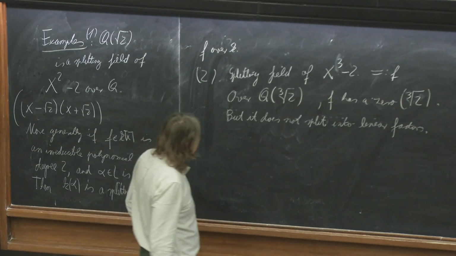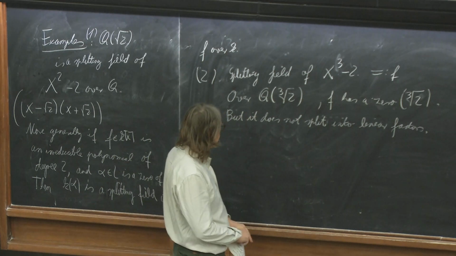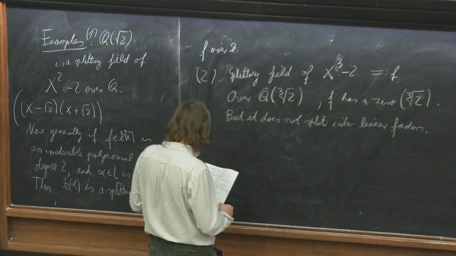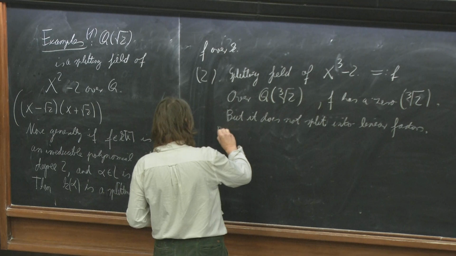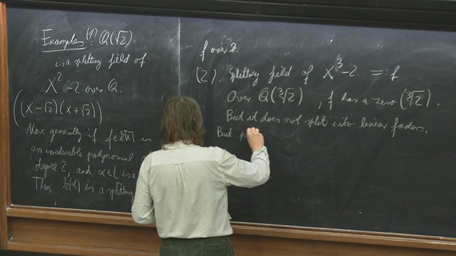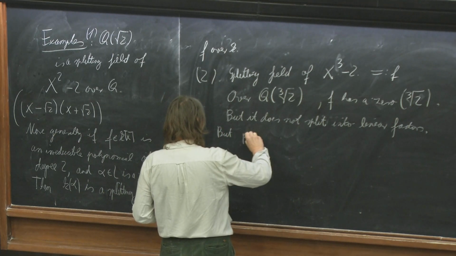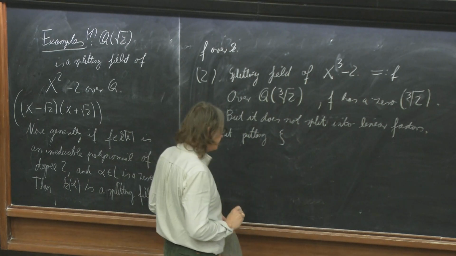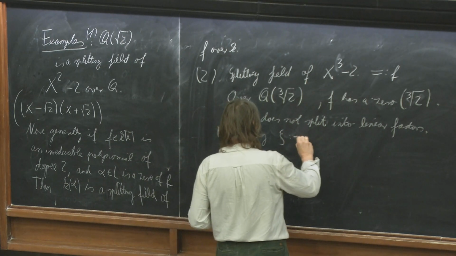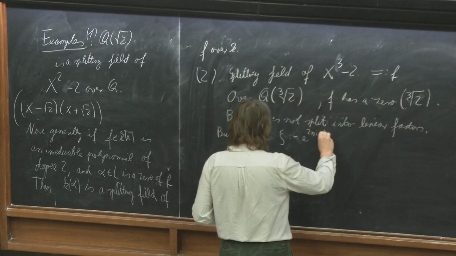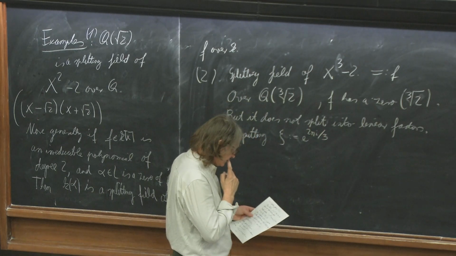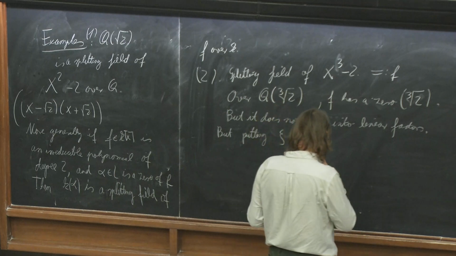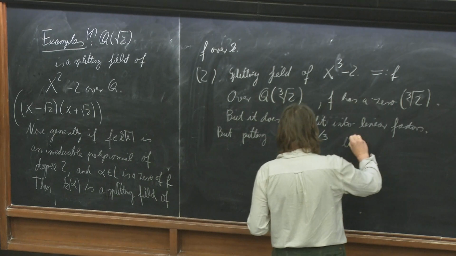And so, in particular, it doesn't lie here. On the other hand, we can take theta equal to e to the 2πi divided by 3 in the complex numbers, zeros of f.